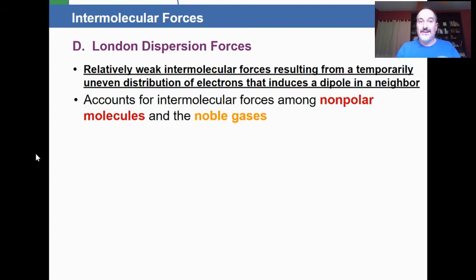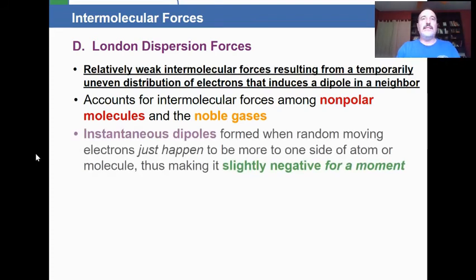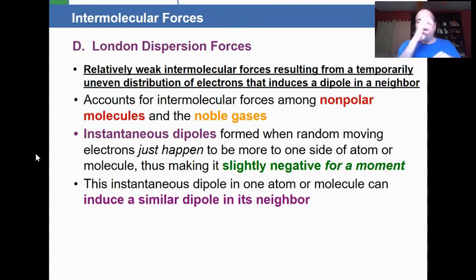Polar molecules have dipole-dipole attraction, but nonpolar molecules and also the noble gases, these have London dispersion forces, all right? And what causes them is an instantaneous dipole. Very briefly, just by chance, more electrons in a molecule might be on one side of the molecule than the other. Remember, electrons are flying all over the place. So just by chance, briefly, they can migrate over to one side, okay? Now, when they do that, that negative on one side repels the electrons in its neighbor molecule over here, okay?